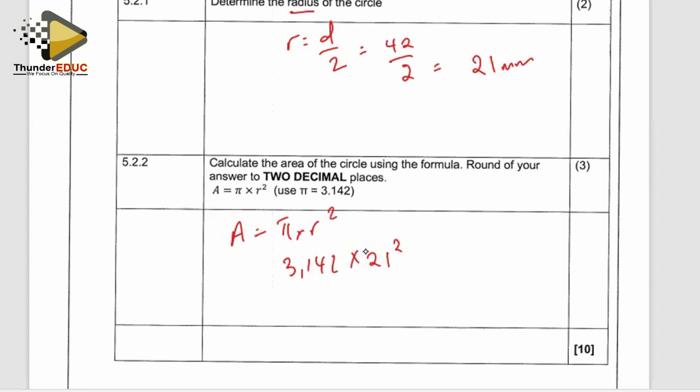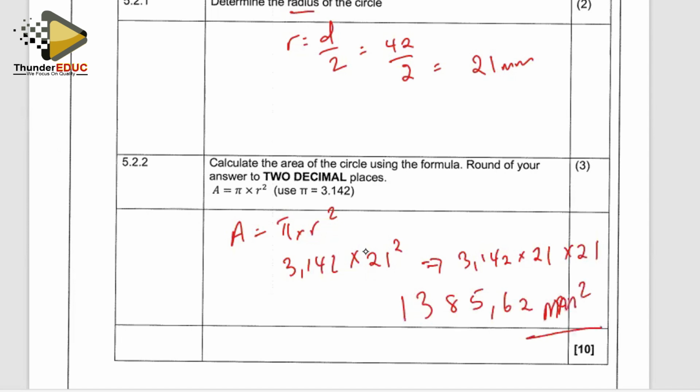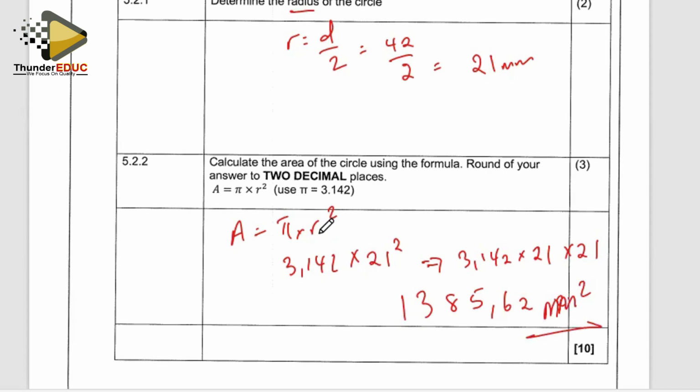If we are to punch that into our calculator, this would be the same as 3.142 times 21 times 21. I end up with 1385.62. This is millimeters squared, since it is area.